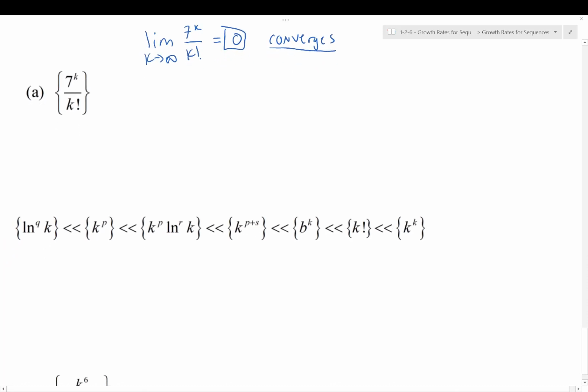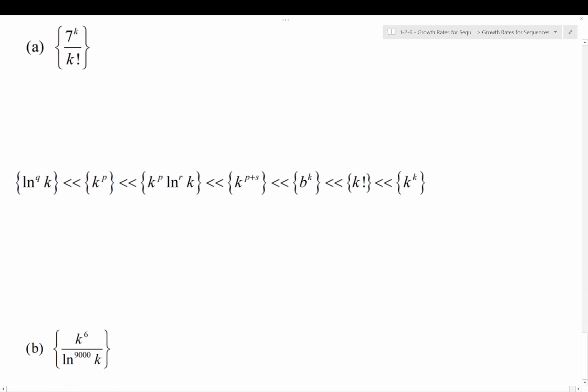You have the little list down here to remind us as well. How about k to the 6 over the natural log of k raised to the 9,000th power? Change that 9,000th power to the 5 trillionth power, it doesn't matter, right? What we're saying is we've got a power function of the form k to some positive power, a real number, and at the bottom we have some power of a natural logarithm, in this case the 9,000th power.